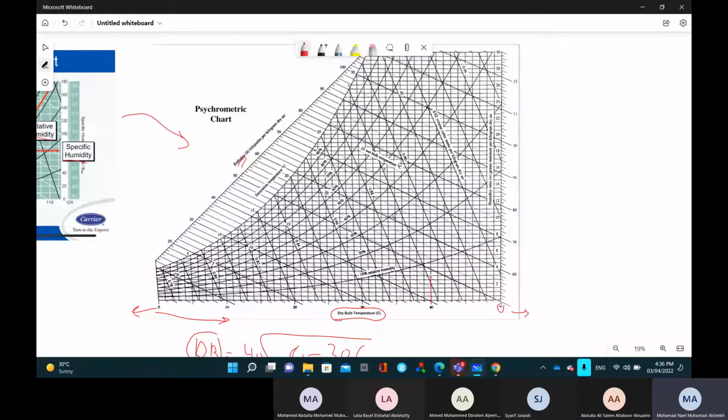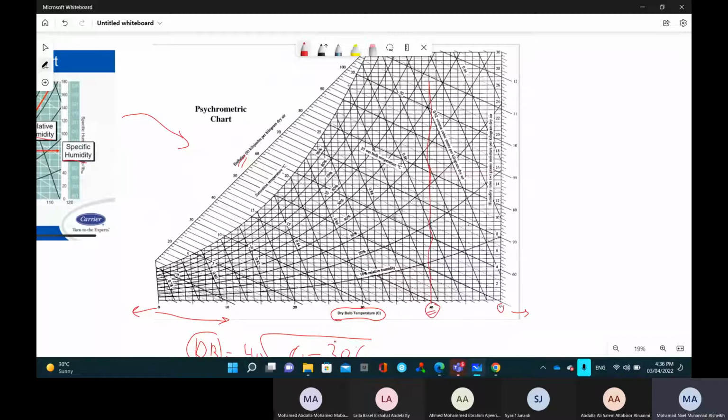I'll try to draw it as straight as I can. It is not very straight, but you have to use the ruler; now I'm on the computer, I can't use one. But first, you determine that your point will lie here at the 40 degree Celsius.